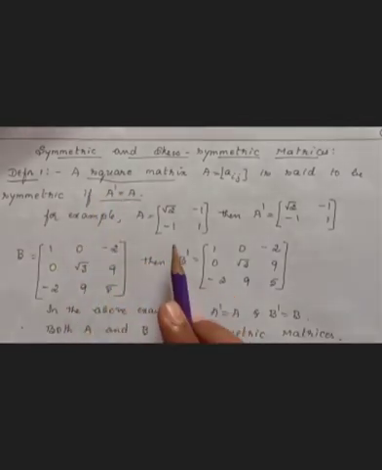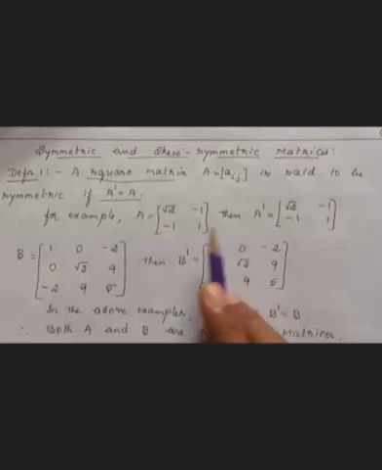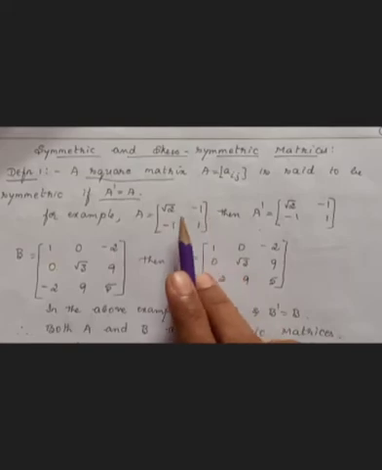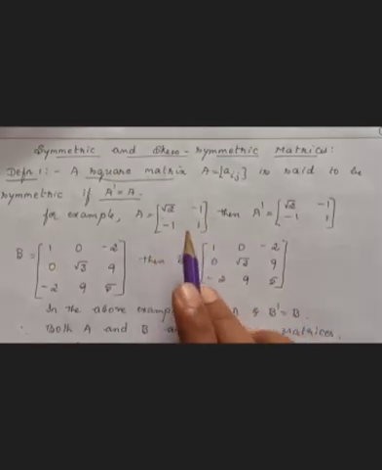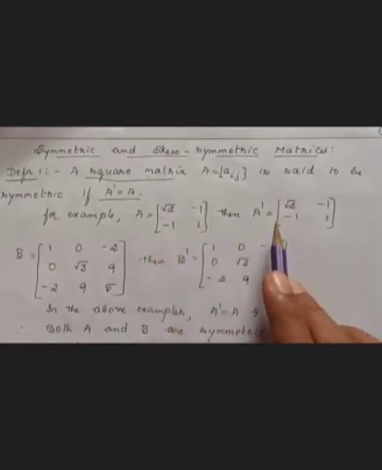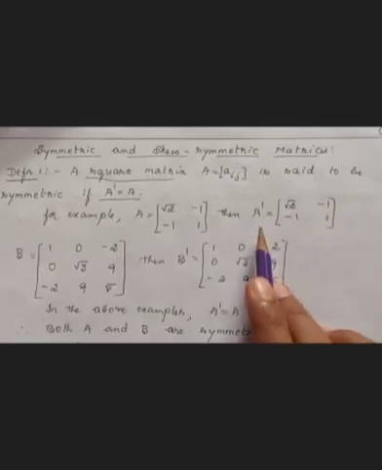So consider the example A, this is the matrix. Then we can write A transpose. You know that transpose is interchanging the rows and columns of the given matrix A. Observe that each entry of the matrix A is equal to the corresponding entries of the matrix A dash.